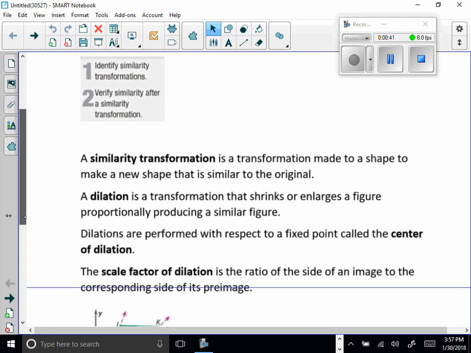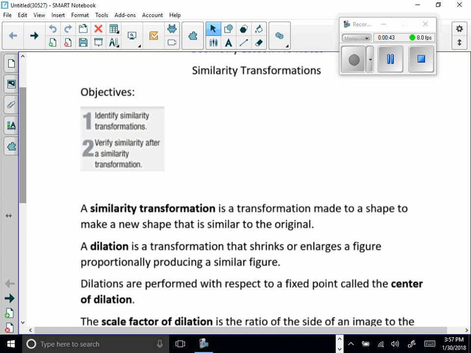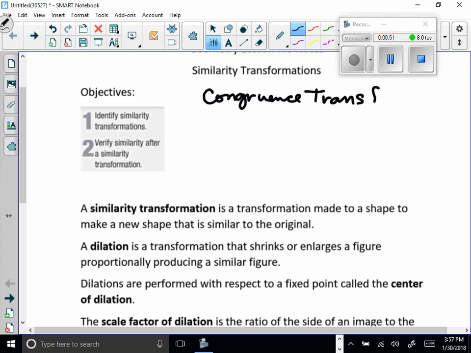So it's the same shape but a different size. We've talked about transformations previously, congruence transformations, and we'll look at those really quickly. Congruence transformations changed the location of the shape, but the size and the shape stayed the same.